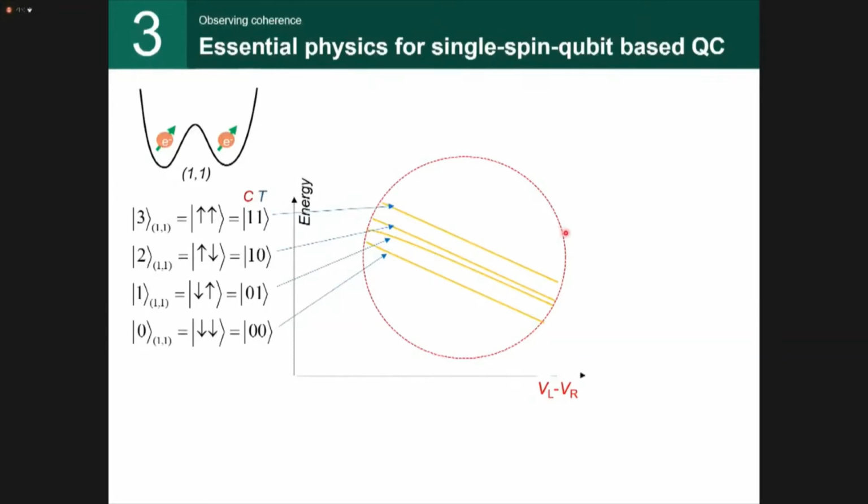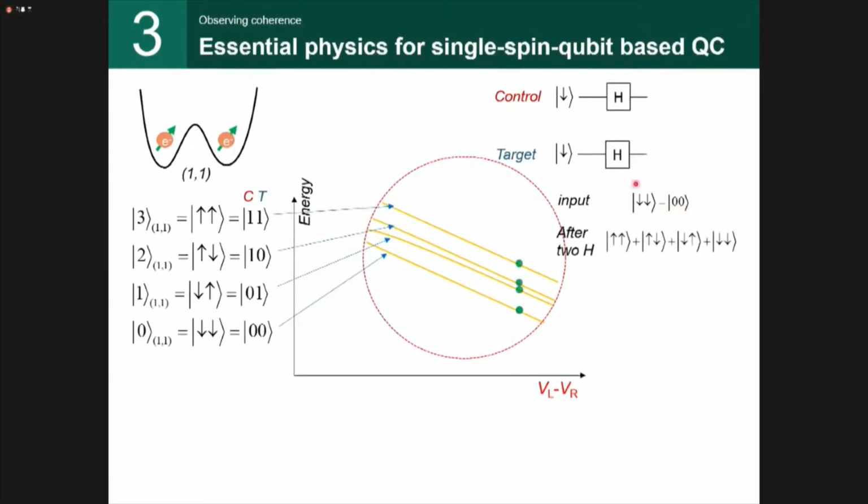I will briefly go through a 2-qubit experiment with this slide. We start with a down-down product state of the 2-qubit system. We apply a microwave or Hadamard gate to make an equal superposition of 2-qubit states. And crucially, what we do is adjust the voltage difference between the dots, sweeping back and forth.